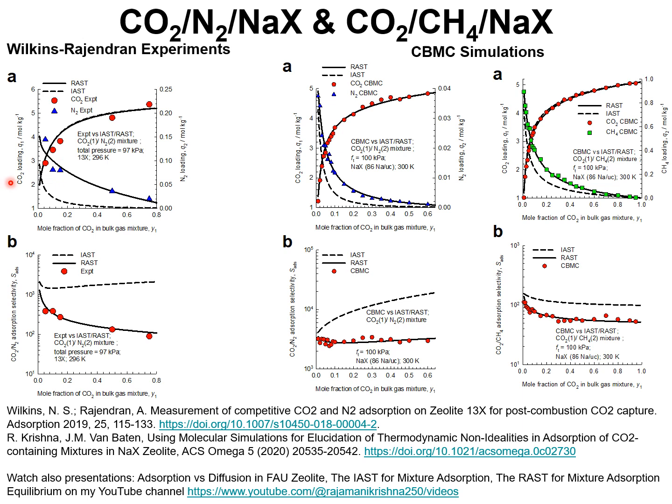The component loadings of CO2 are indicated by the red circles. The component loadings of nitrogen are indicated by the blue triangles. The IAST predictions for the component loadings based on unary isotherm data are indicated by the dashed lines.